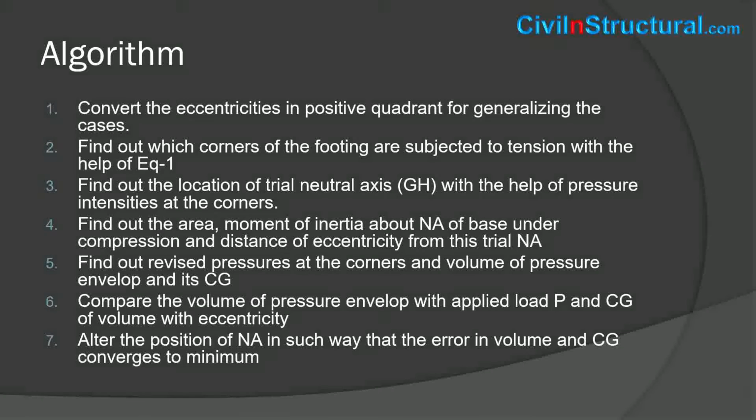Find out the area, moment of inertia about NA of the base under compression, and distance of eccentricity from this trial NA. Find out revised pressure at the corners and volume of pressure envelope and its CG. Compare the volume of pressure envelope with applied load P and CG of volume with eccentricity. Alter the position of NA in such a way that the error in volume and CG converges to minimum.